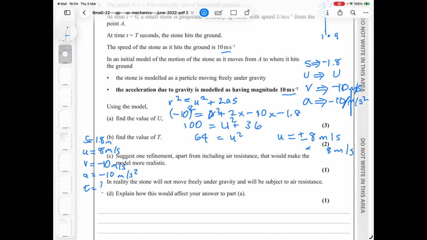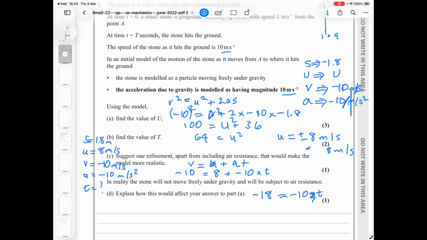So the one that works for this would be V equals U plus AT. Let's put that in. So we've got -10 equals 8 plus -10 times T. That means -18 equals -10 times T. I took 8 off both sides.